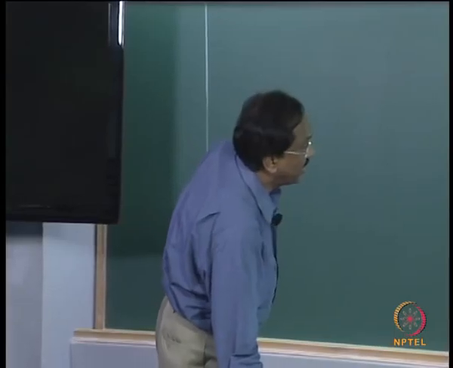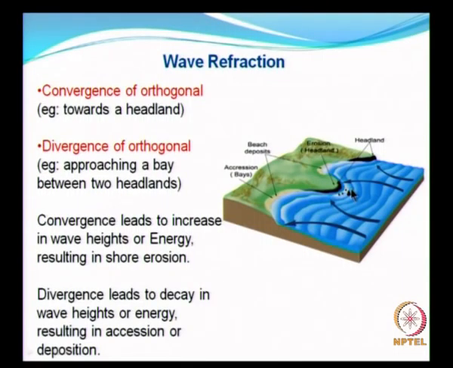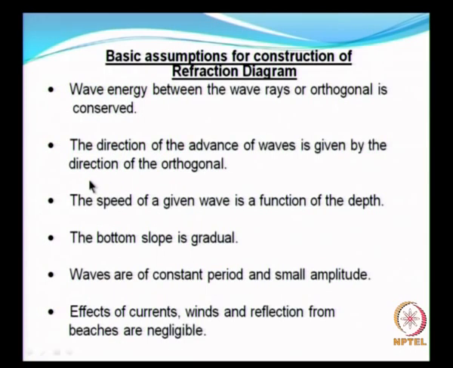And herein you see convergence taking place, energy gets concentrated, removal of material takes place. So, such a refraction diagram needs to be constructed before you take up any work.